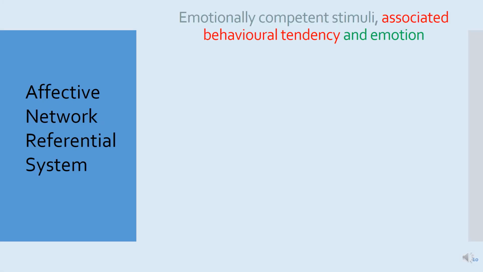So I mentioned that there are 9 affective systems that we might want to refer to. I'll call these the affective network referential system. In the following slides, I'm going to explain for each of those what is the potential type of trigger, how it is perceived, what we call an emotionally competent stimulus. We'll talk about the behavioural tendencies and the types of emotions.